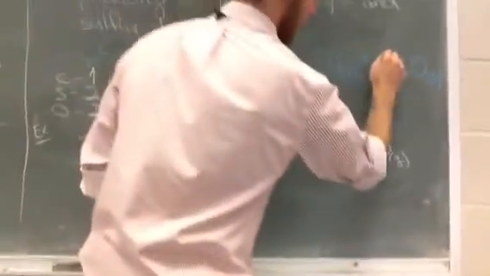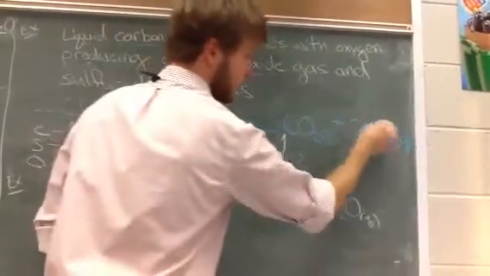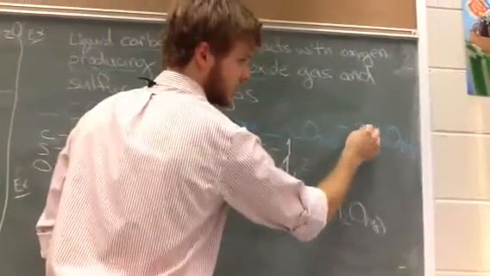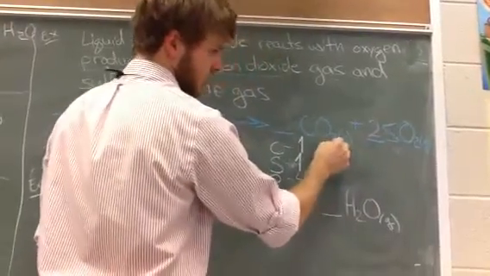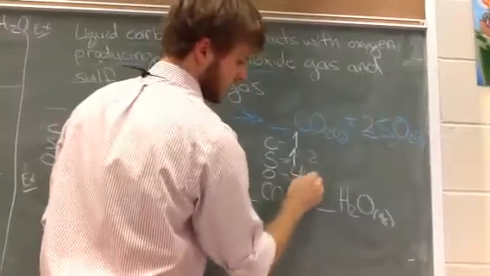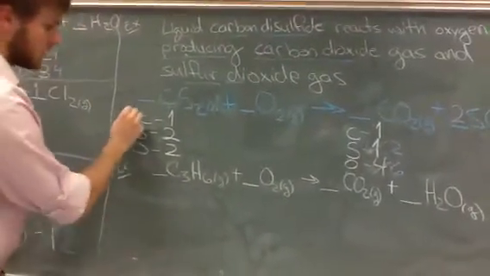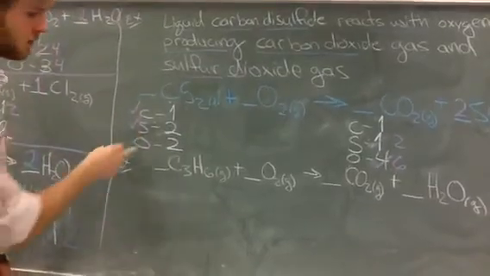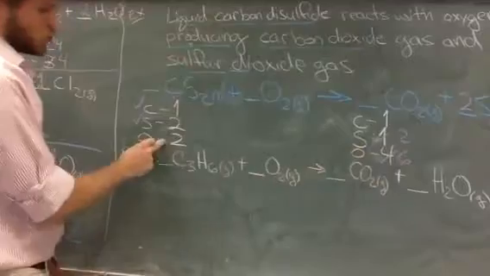Well, I can do that by putting a 2 out front, which gives me 2, but it also makes my oxygens change. So 2 times 2 oxygens gives me 4 oxygens, plus the 2 I already have, which makes this 6. Okay, I've got carbon and sulfur balanced, but my oxygens are messed up. 6 oxygens, 2 oxygens.